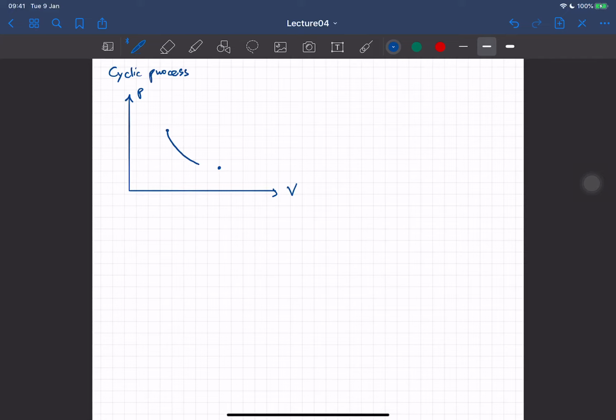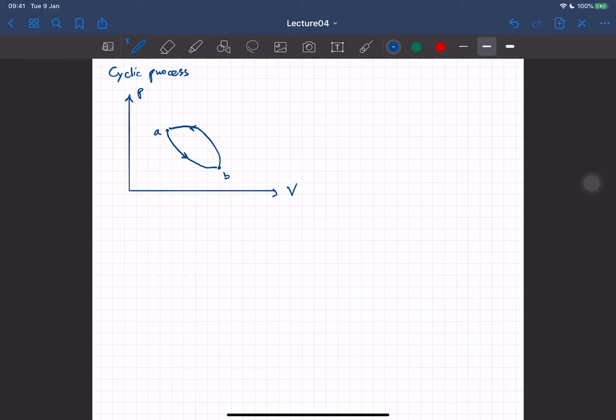So maybe you follow one particular path, I don't know, it may be adiabatic, it may be isothermal, whatever. All right, but you go to here, so point A to point B, and then you want to repeat the whole thing. So if you want to repeat the whole thing, you better go back to the original point. So for example, you might be going back through a different path here, like this.